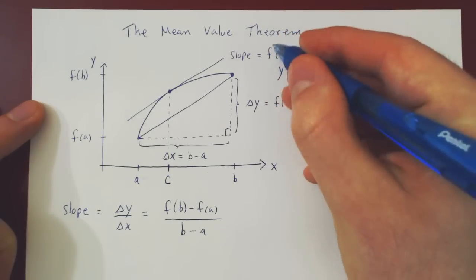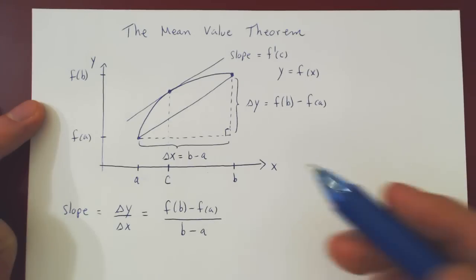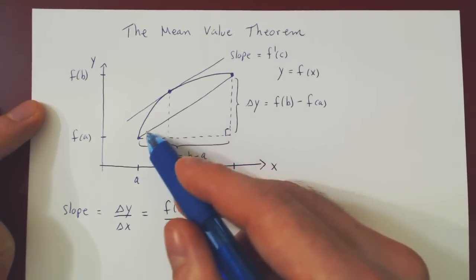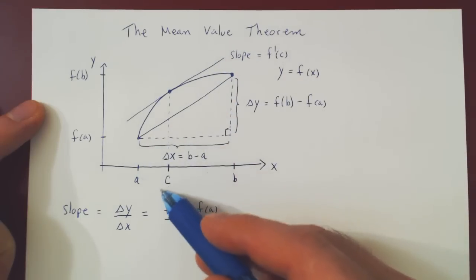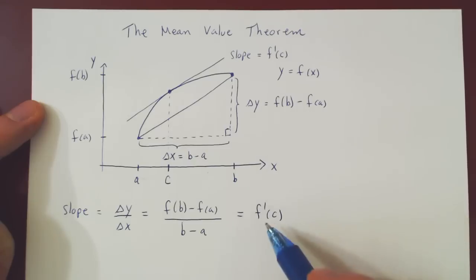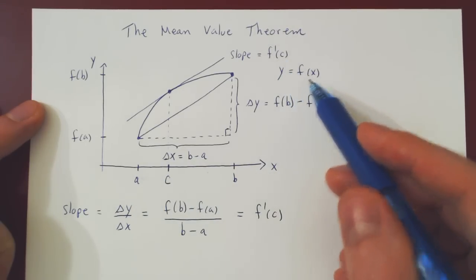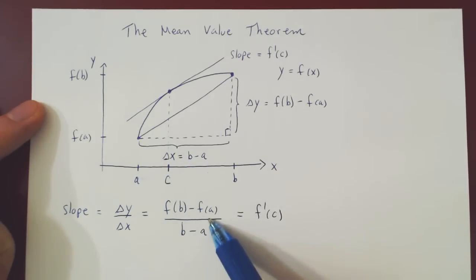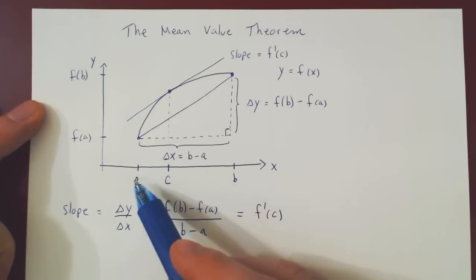By definition, the derivative of the function at a point is the slope of the tangent line. And because both lines are parallel, they must have the same slope, so the average slope of the function, the slope of this line, is the slope of the tangent line at this well-chosen point. Both slopes are equal. And that is the mean value theorem. That on an interval from a to b, if the function f of x is continuous and differentiable inside of (a, b), the average slope of the function on this interval must be equal to the instantaneous slope at a given point between a and b.